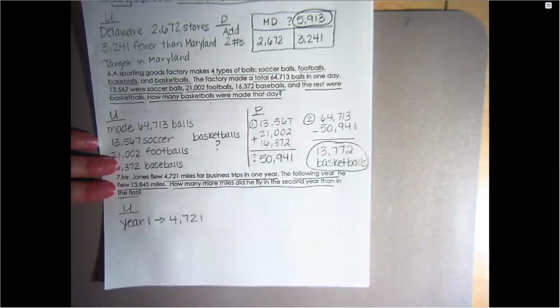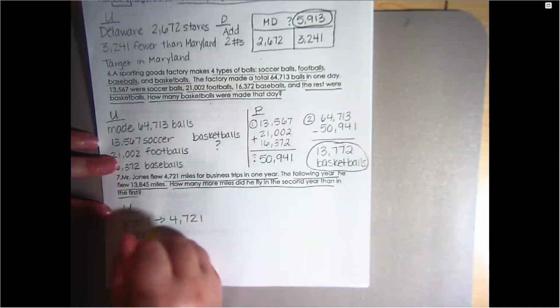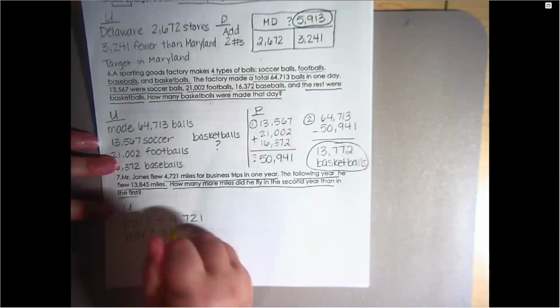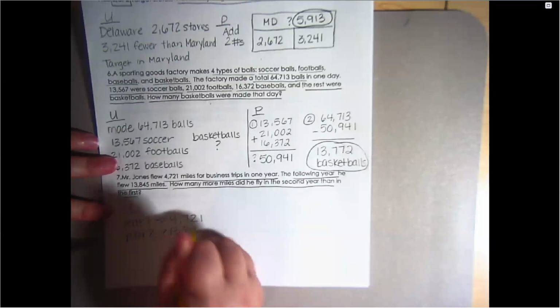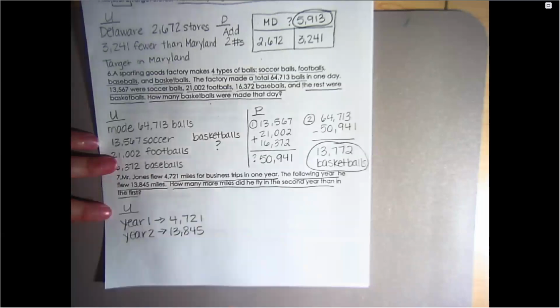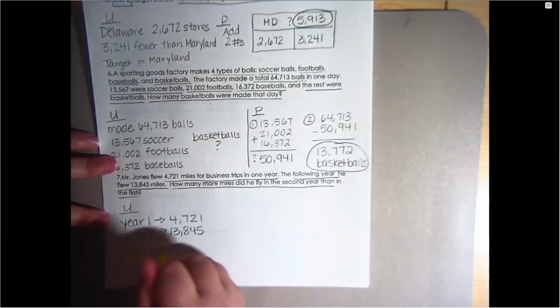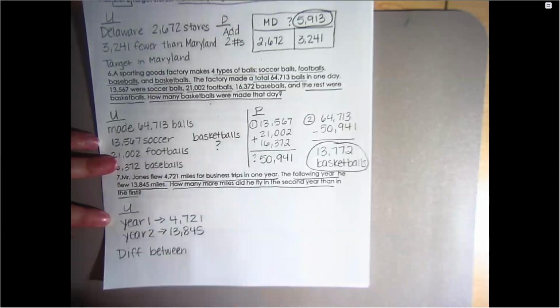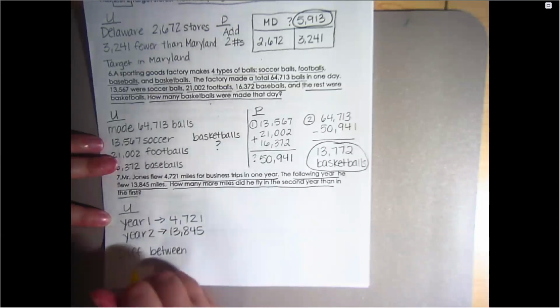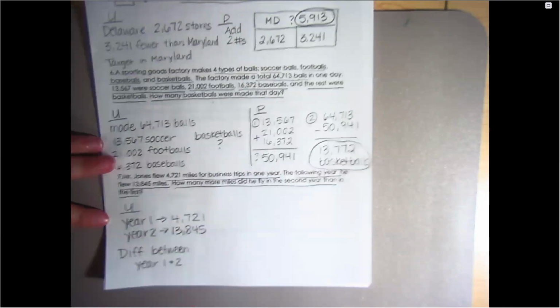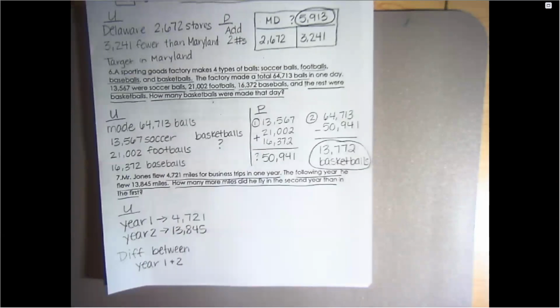In year 2, he flew 13,845 miles. And the question is, what is the difference between year 1 and year 2? The difference between year 1 and year 2.